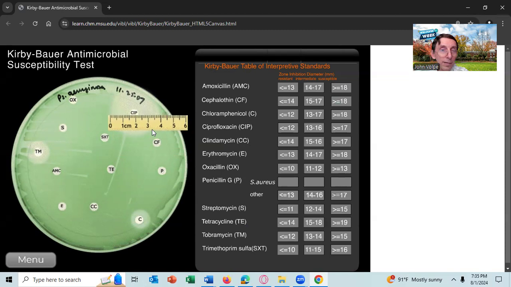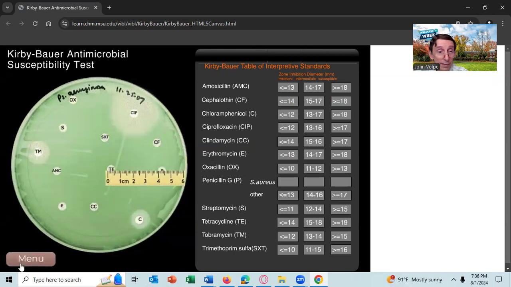I'm going to move down a little bit to try and get that. Someplace like around right there. For ciprofloxacin, on many of them, it's nothing on this one.